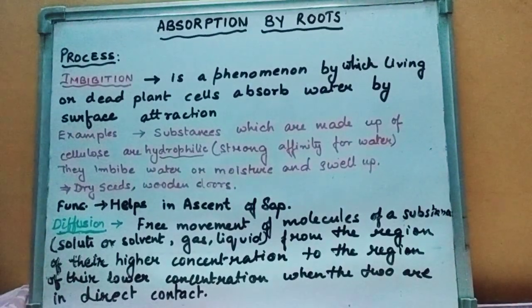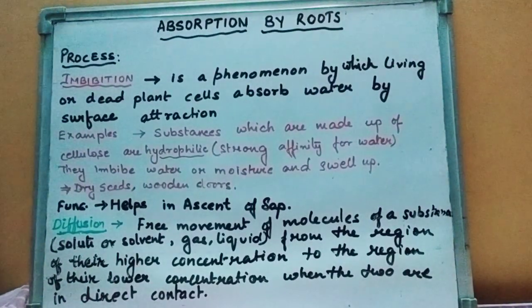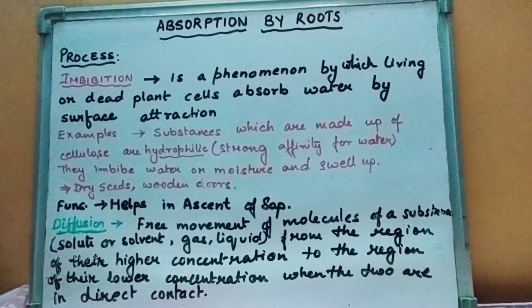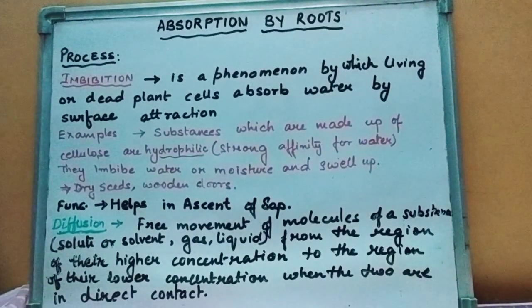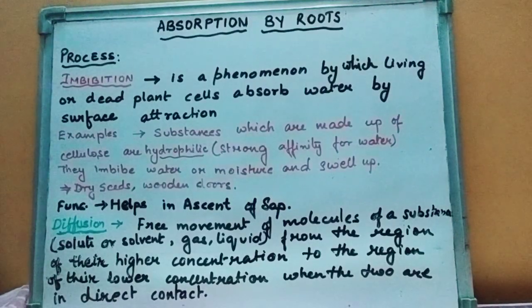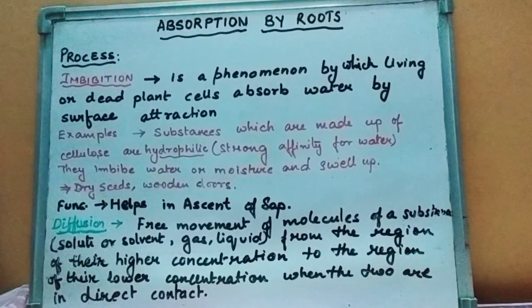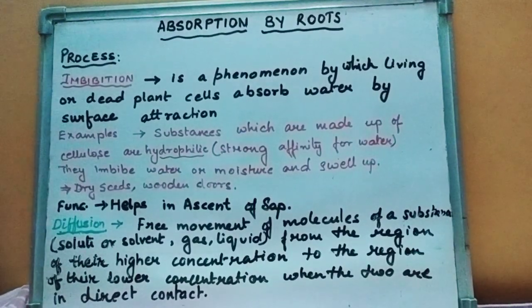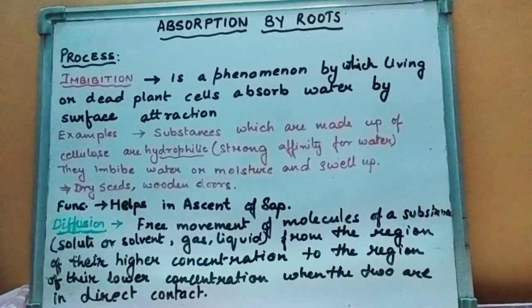So through diffusion, the molecules get into the plant body through roots, from the region of higher concentration to the lower concentration, that is into the cell sap of the root cell, and pass to the upper region of the plant body by the structure called xylem, the conducting vessel. So these are the two very easy and simple processes of absorption by roots, that is imbibition and diffusion.